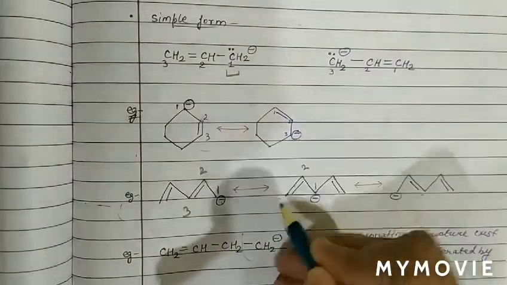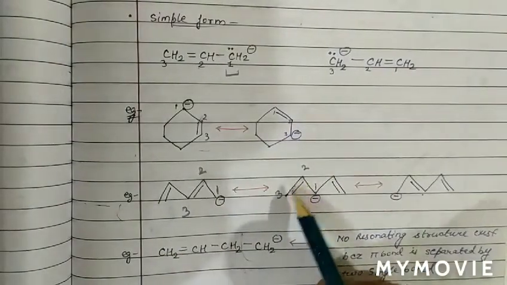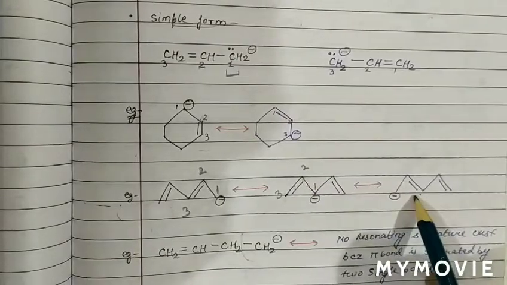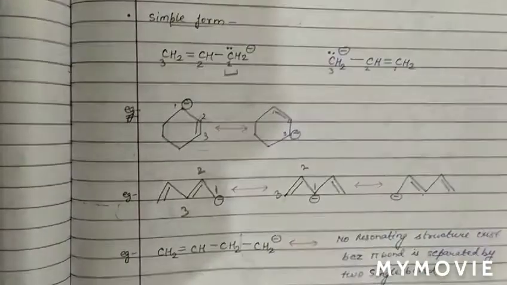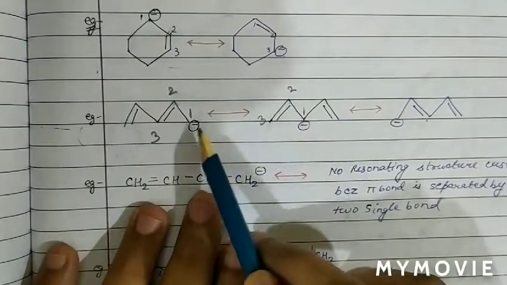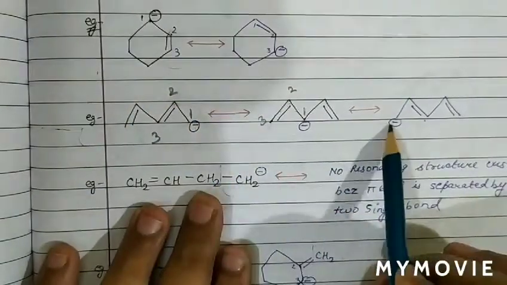Numbering 1, 2, and 3, again the pi bond between 2 and 3 shifts in between 1 and 2, and the negative charge shifts from the first position to the third position. So there are 3 resonating structures of this ion, first, second, and third.